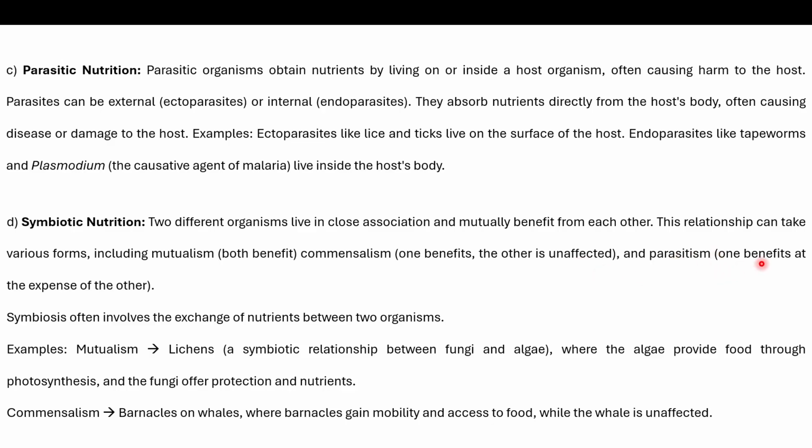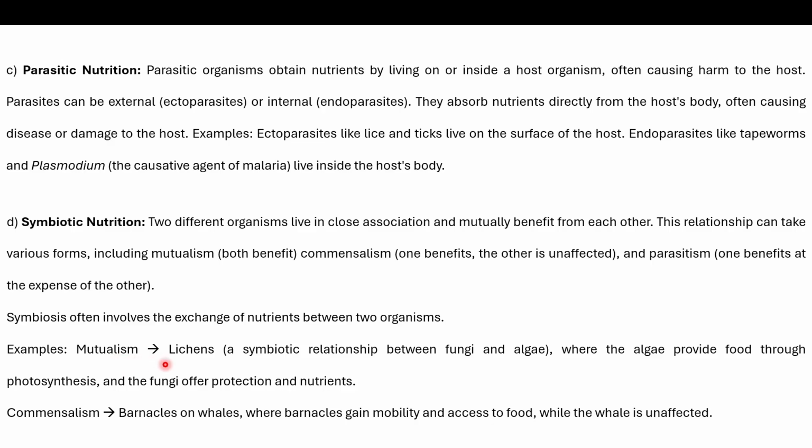Or it can be parasitism, where one benefits at the cost of the other organism. Actually, parasitism can be considered under symbiotic relationship where one is benefiting at the cost of the other. And symbiosis often involves the exchange of nutrients between two organisms.